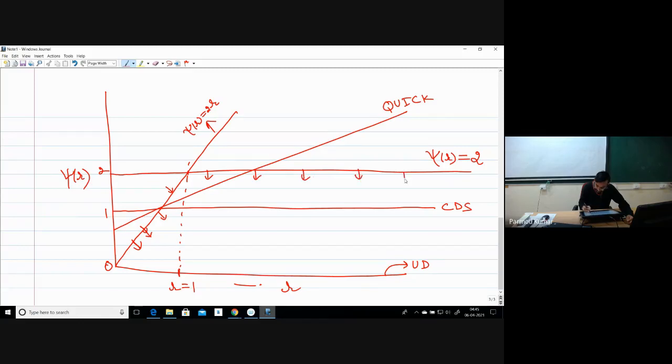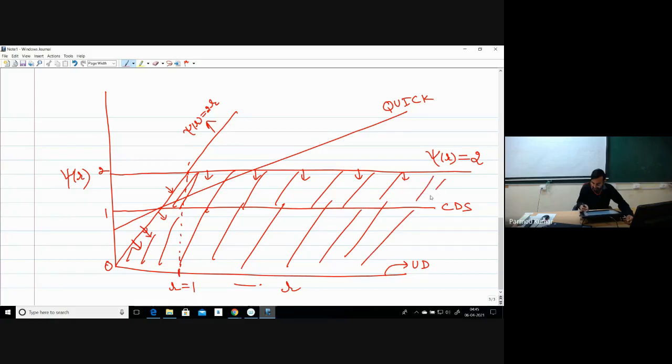Whatever hatched region I am having over here is the stable region on my r-psi diagram. This is the region where we will not be finding any oscillations in our numerical solution. But if we go beyond this region, then obviously we will have certain oscillations in our solution.